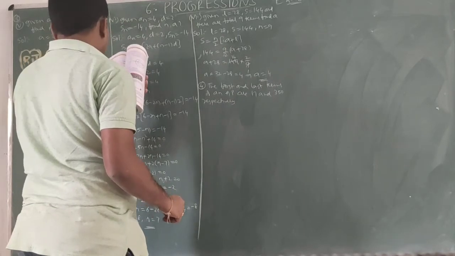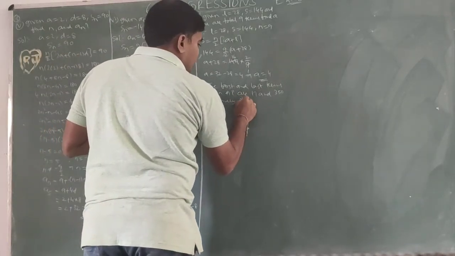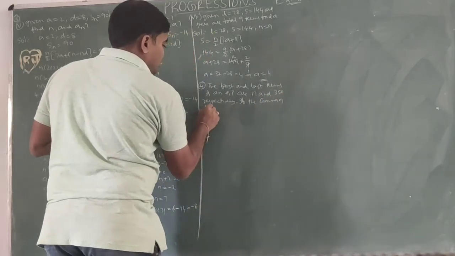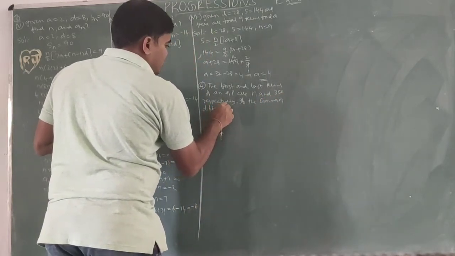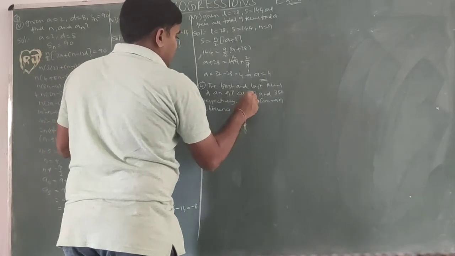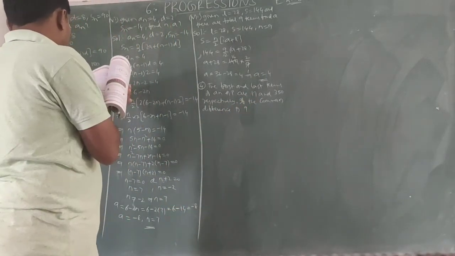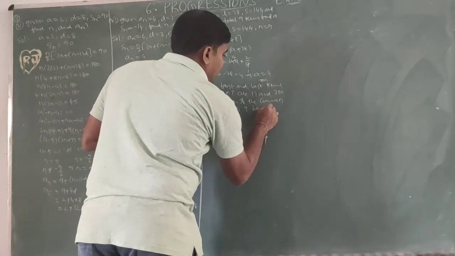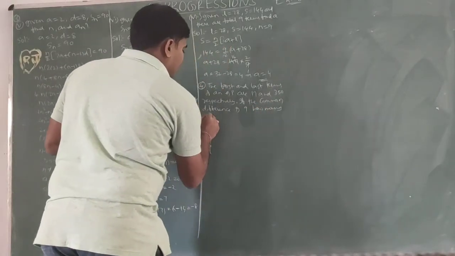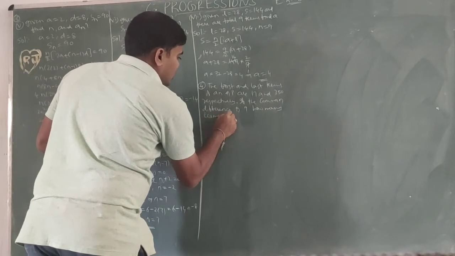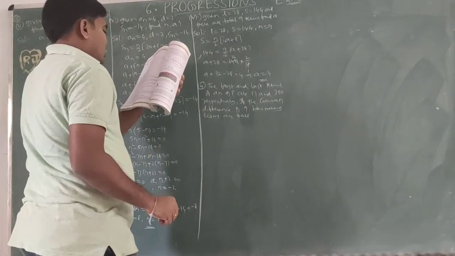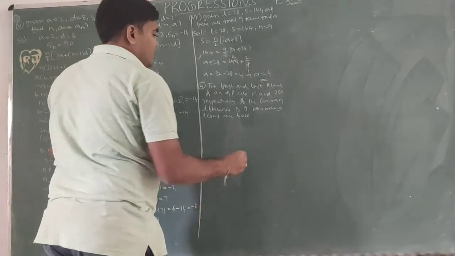If the common difference is 9, how many terms are there? And what is their sum?